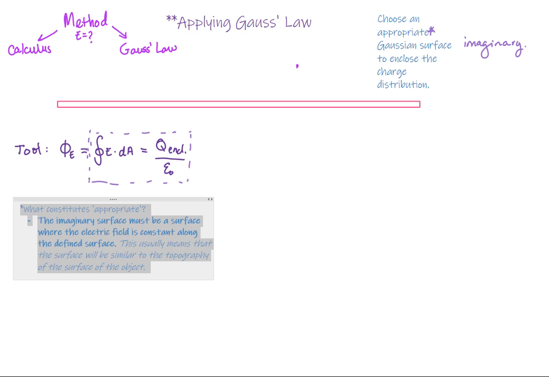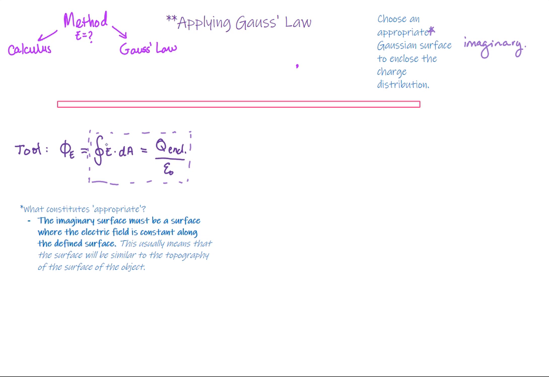Well, the imaginary surface must be a surface where the electric field is constant along that defined surface. The reason for that is that if this were not constant, then you'd have to integrate a function as part of this, which sometimes you need to do, but it's easier to just pull it out, and then you're just integrating the shape, which usually is just the formula of a specific shape.